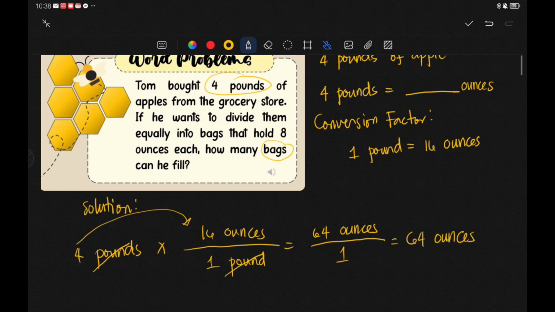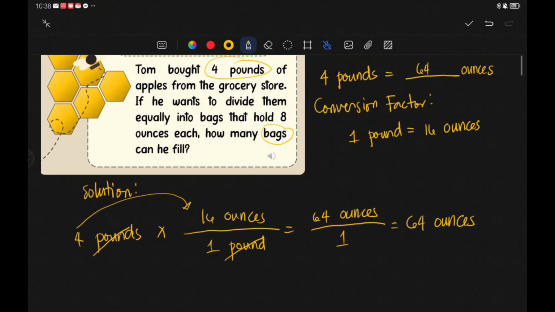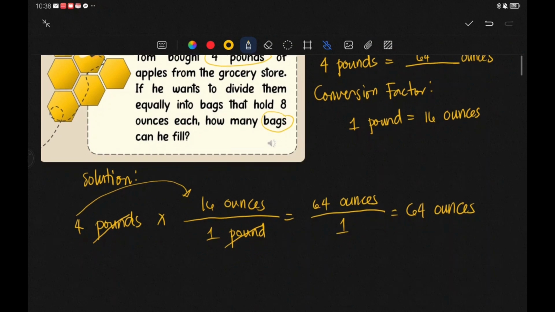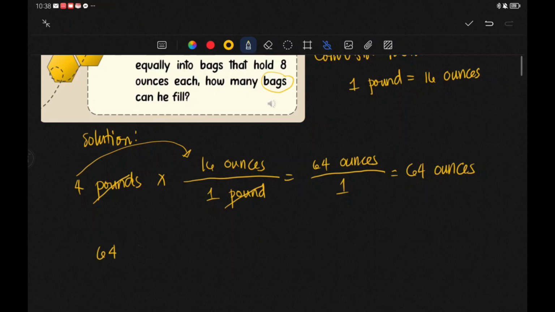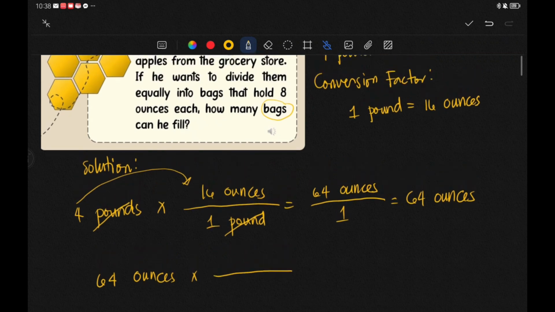Now we are not yet done. We know that 4 pounds is equal to 64 ounces, but Tom wants to divide them equally into bags that hold 8 ounces each. So we need to divide 64 ounces. It says that one bag holds 8 ounces.